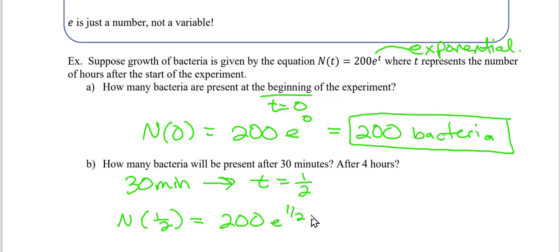I'm going to have to throw that in my calculator and approximate it, because the square root of e, that e to the 1/2, is irrational, right? So what I get out of my calculator is 329.7.